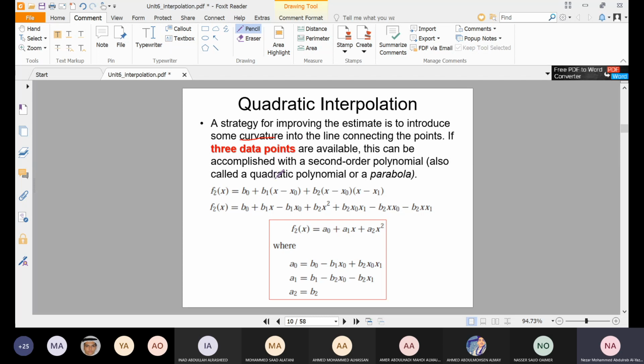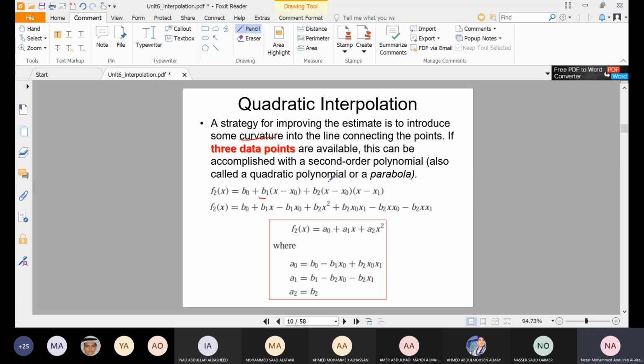So what will be the quadratic polynomial, or parabola polynomial, or second order form of the interpolation? This is usually the form that we need. Again, this is the same function, f of x0, and this is the first divided difference, or the slope, and this is the curvature.